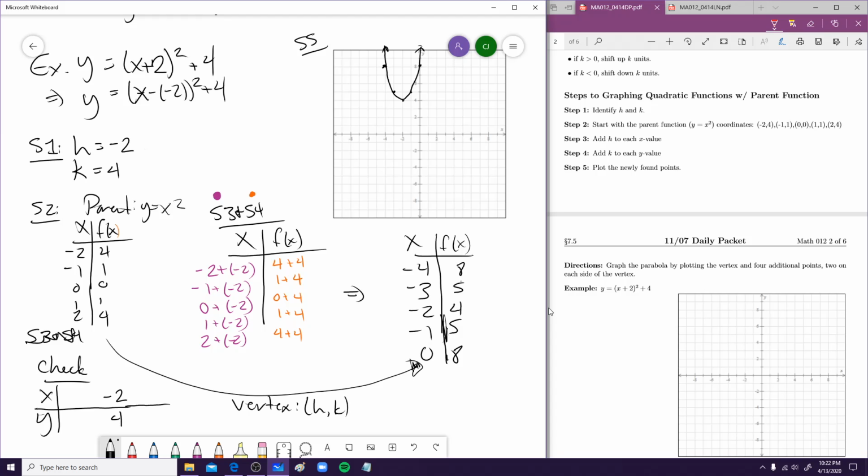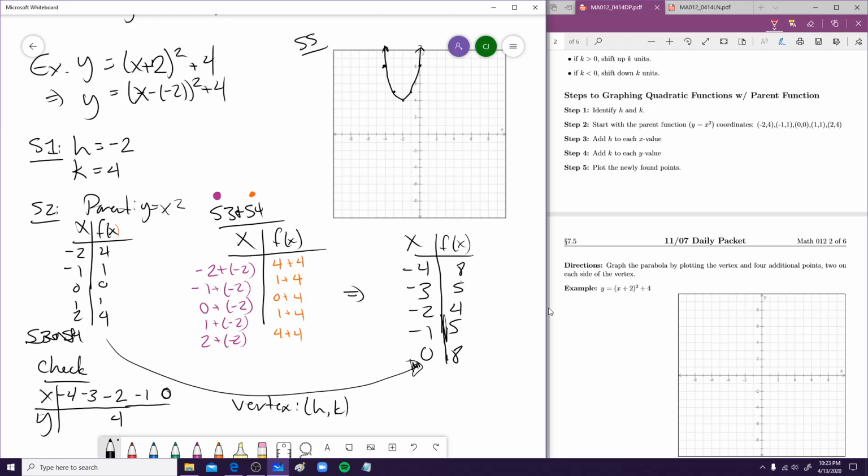Okay, and then how do we find the other 4 points we have to plot? We have to pick 2 numbers that are smaller than -2 and 2 numbers that are bigger than -2. So I'm going to do the smaller first, right? You can do the bigger, doesn't matter, right? And as you can see, these are the same x values we have all over to the right here.